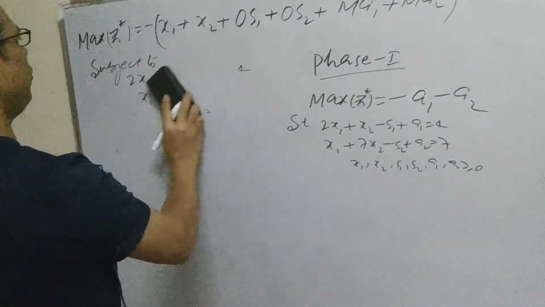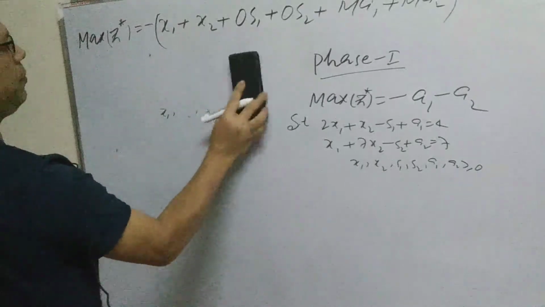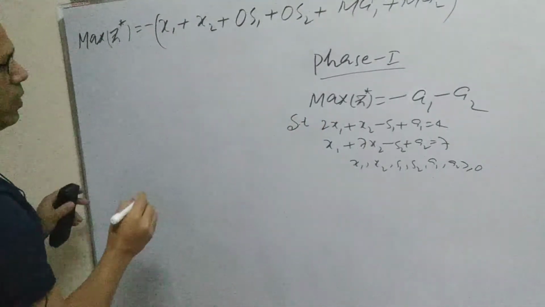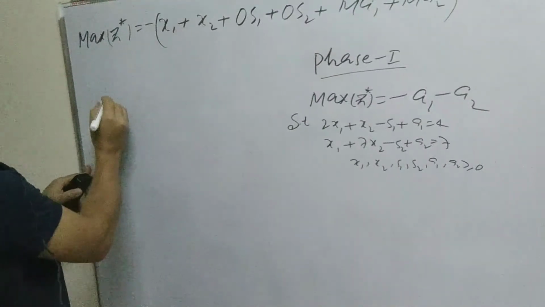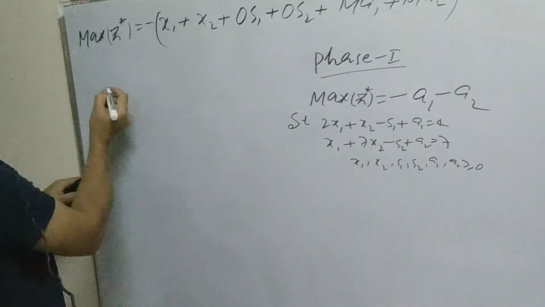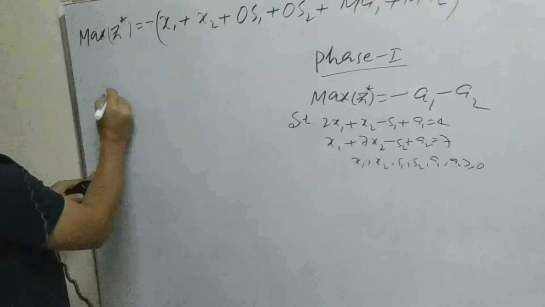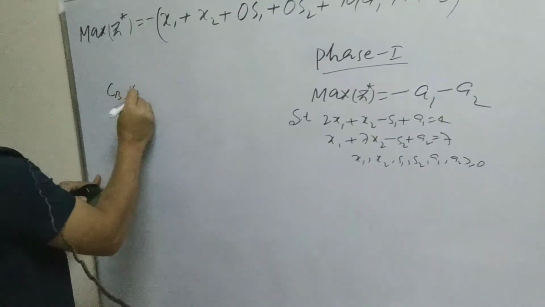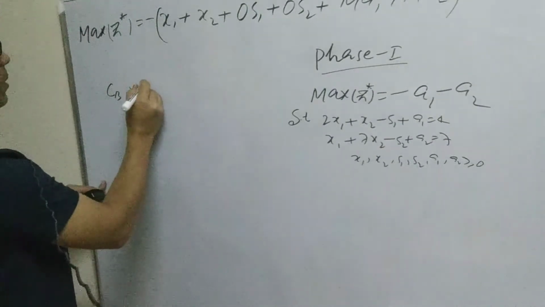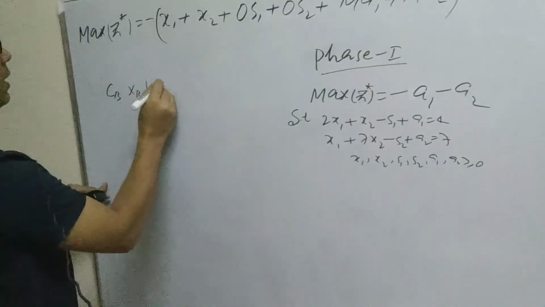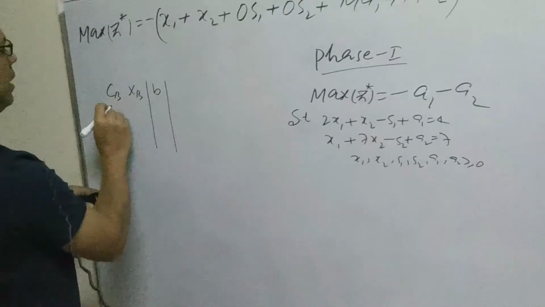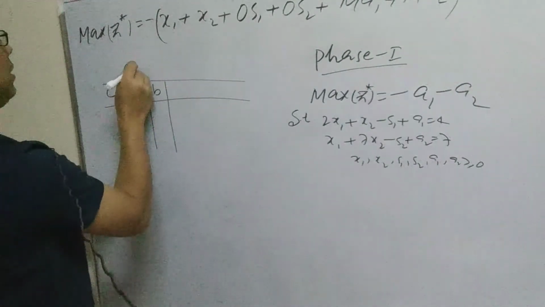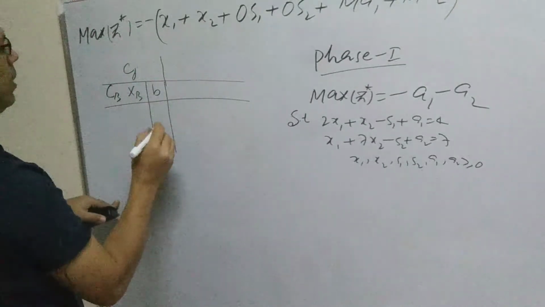Now let's see how to draw the table. This is our phase 1 and now we draw the table for phase 1. The same procedure is applied as whatever we applied to solve the big M method. Here CB is the coefficient of the basic variable, XB is the basic variable or basis, then B is the right hand side constants. Then draw this table and here write CJ. CJ is called the coefficient of the objective function.